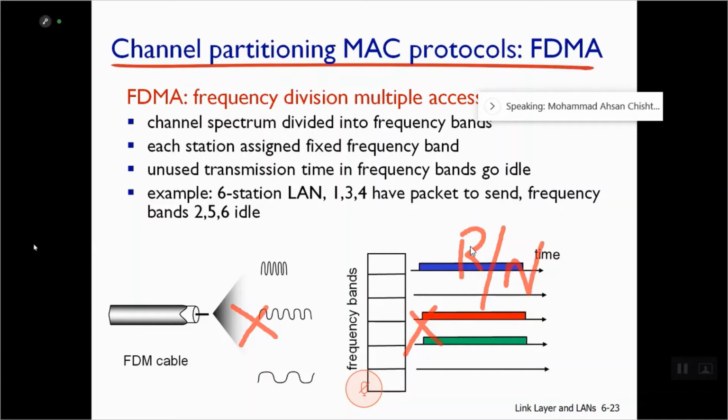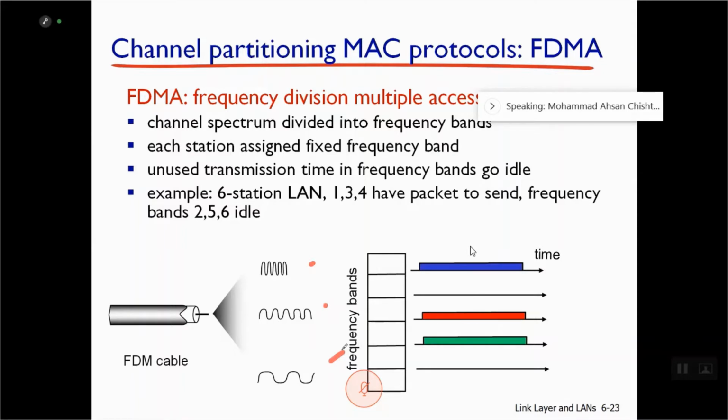Like it's shown here in the figure, we have an FDM cable. Then we give different bands here. You can see 1, 2, and 3, and then they get to transmit at the same time through this.